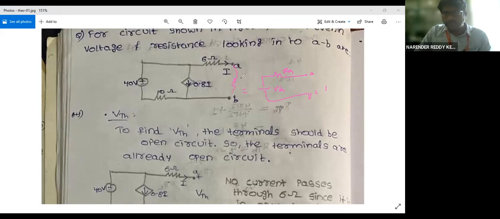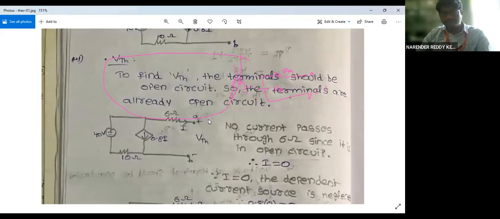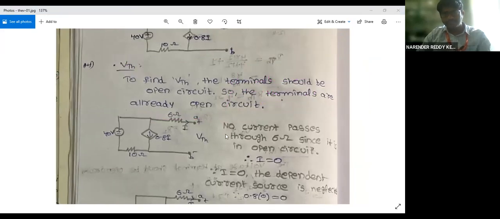So the value of RL is being removed here, let us assume. This is a complete circuit now. So the first step in finding RTH and VTH is to remove RL first.